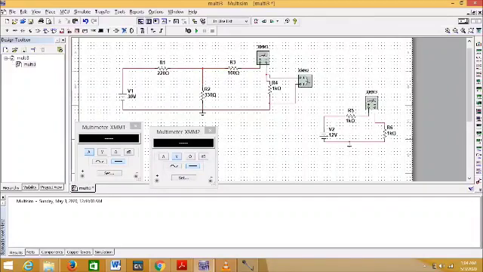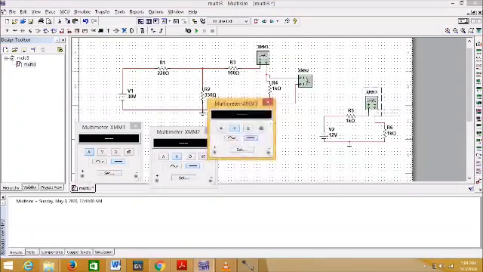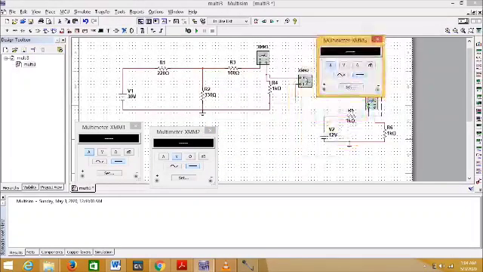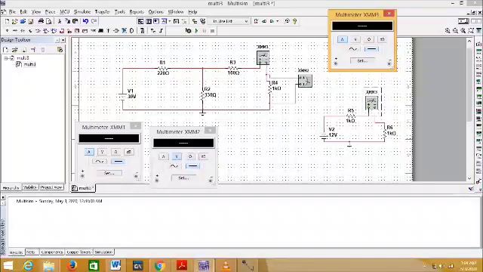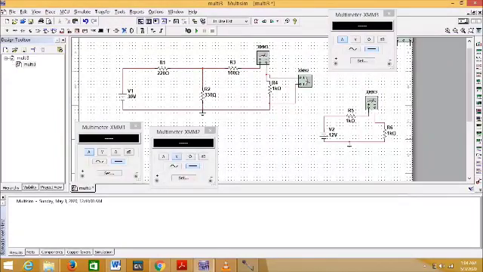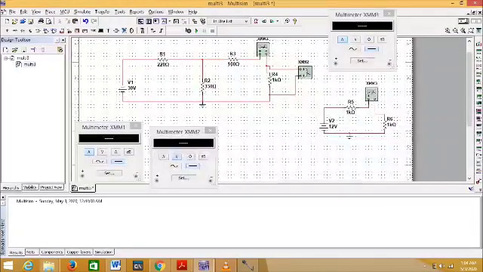So I need to calculate the voltage across this 1 kilo ohm resistor, right? So for that, this has to be opted to be ammeter. Okay, we should not forget that. So one more multimeter is required.